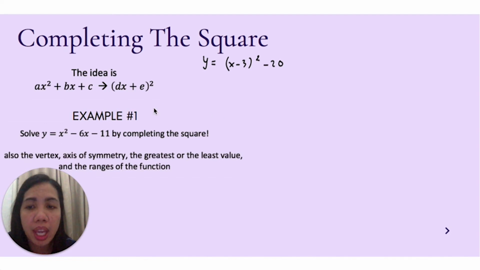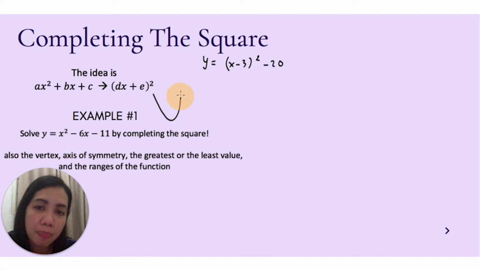So if we have a positive a, then we'll have a parabola like this, an open upward parabola or a smile parabola like this. And then pay attention to this part. First, we pay attention to x minus 3 squared.